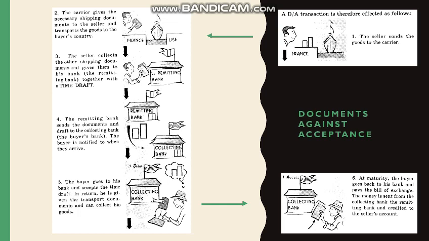A DA transaction is therefore effected as follows. First, the seller sends the goods to the carrier. Second, the carrier gives the necessary shipping documents to the seller and transports the goods to the buyer's country.